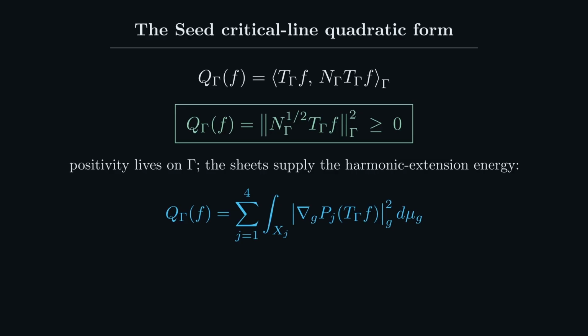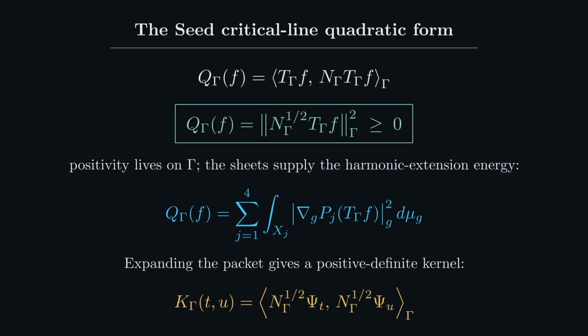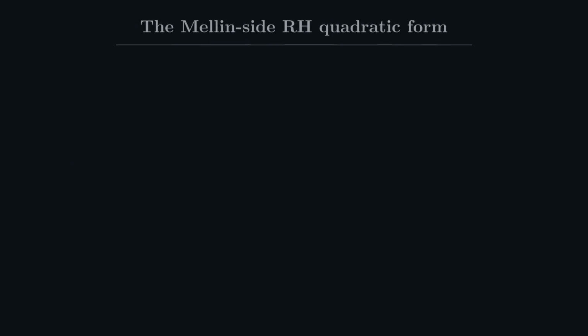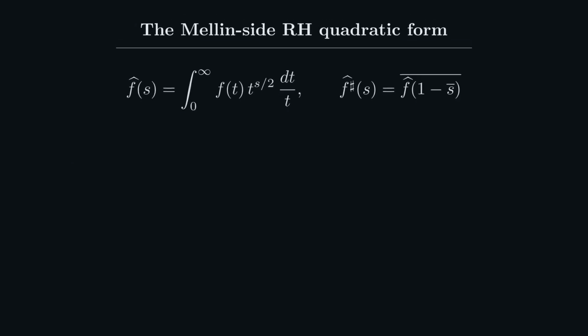We want this to definitely be positive if we have any shot whatsoever. So if we expand that Q gamma sum expression, we get a positive definite kernel below, and essentially now we're at the Mellin-side RH quadratic form.